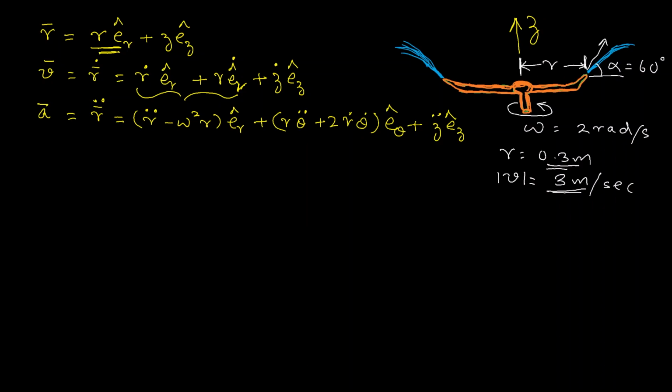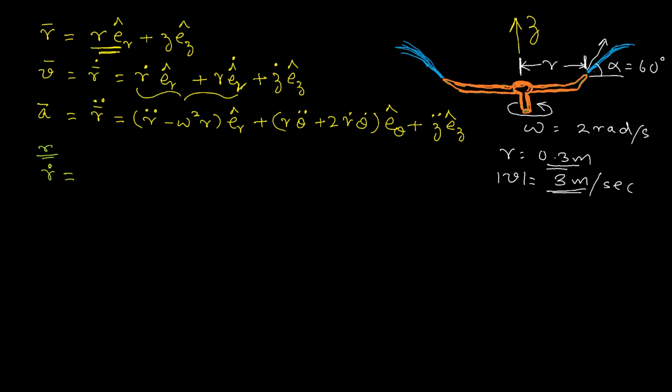Now in order to evaluate these values as numerical vectors, we have to evaluate each of these parameters. For example, let's consider everything related to r. Now r dot is equal to what?